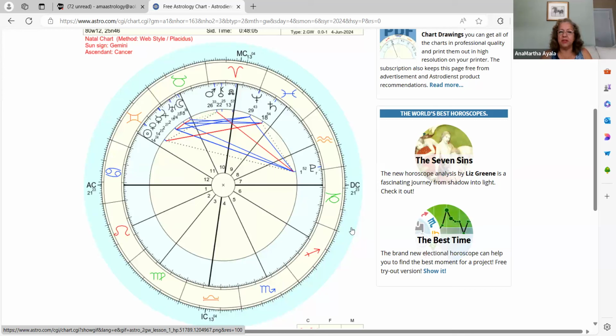They preserve the status of things. If cardinal starts the season, then the fixed signs hold the seasons. The whole season goes through them. The fixed signs are Taurus, Leo, Scorpio, and Aquarius.